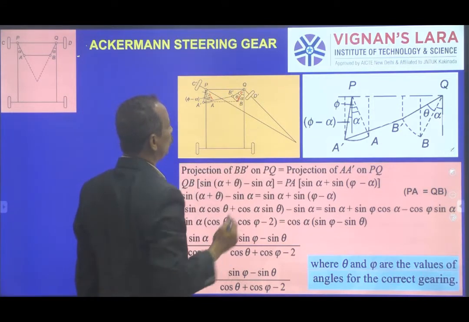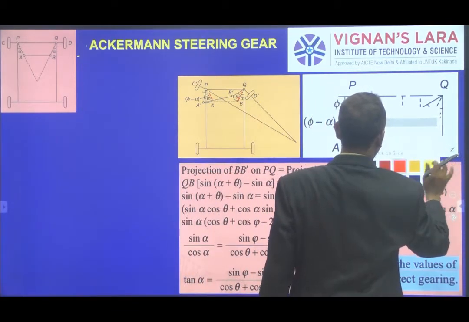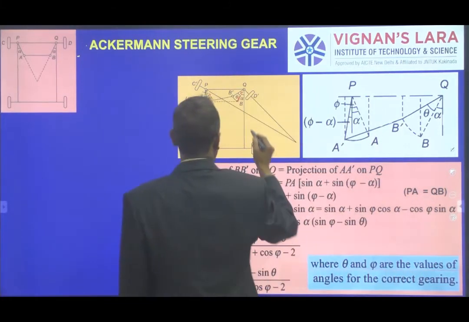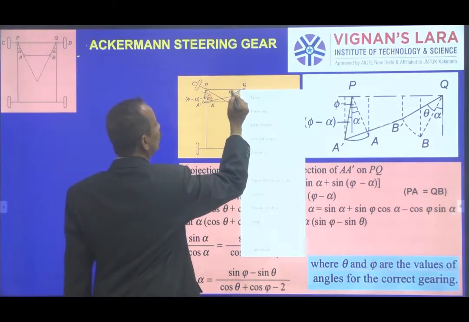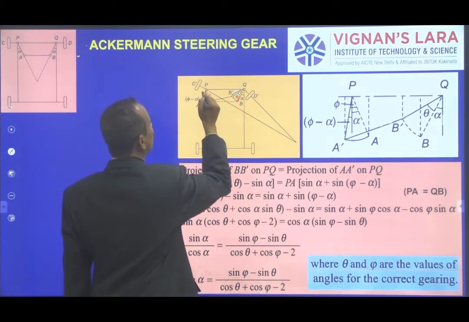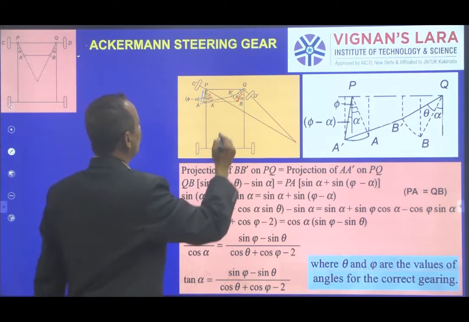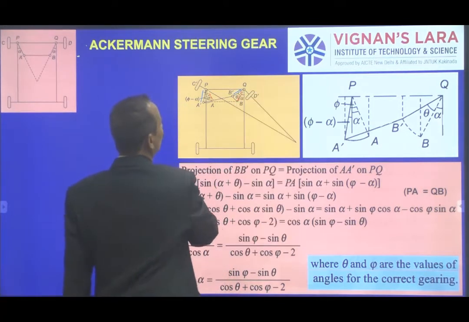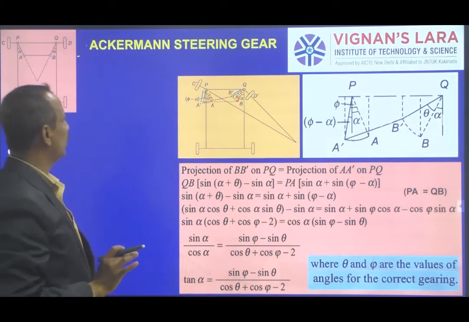Look at what is happening: I have shown in blue the movement of B to B dash and A to A dash.